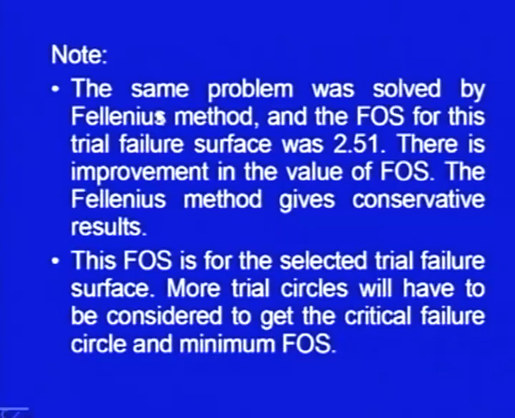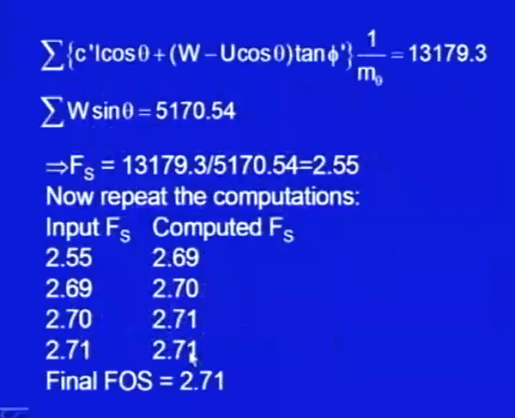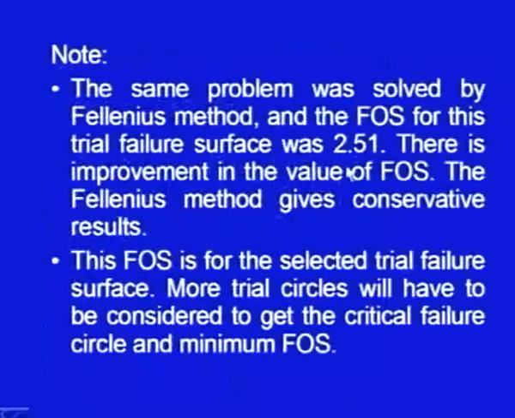Now, you can note some time back we solved the same problem using the Fellenius method, and we had taken the same trial surface in that case also, and the factor of safety was obtained to be 2.51 and presently it is 2.71. So, there is a gain in the factor of safety, there is an improvement in the value of the factor of safety. The Fellenius method gives conservative results.